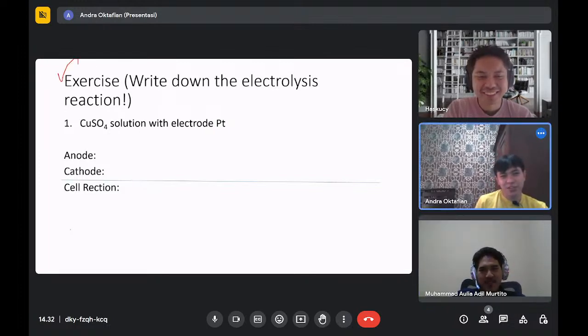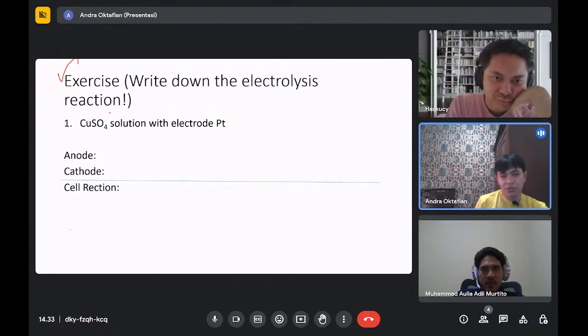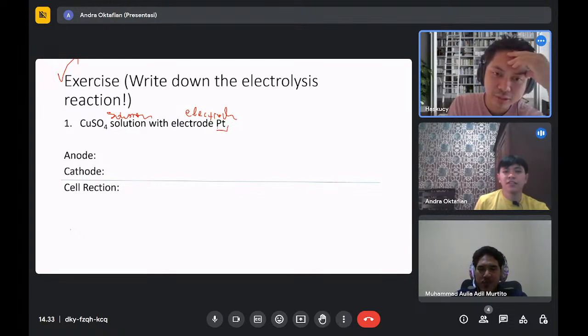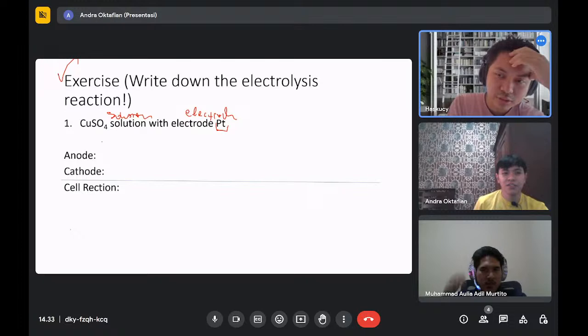You see, the exercise tells you to write down the electrolysis reactions. Now there is the solution and the electrode here. This is the anode, so we check the platinum because it's platinum. The electrode is platinum, or Pt, and the solution is copper sulfate.